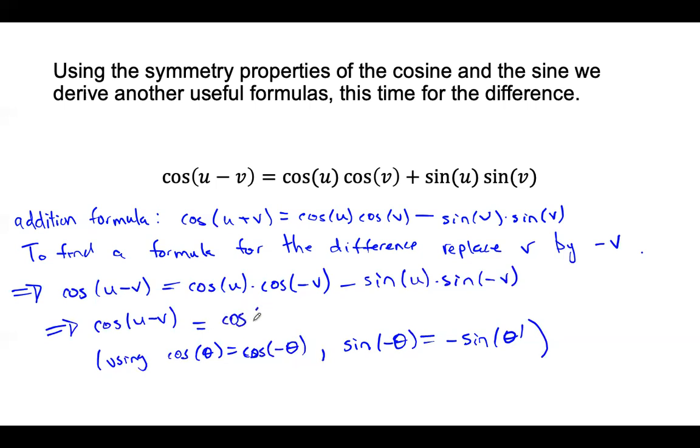Because of this, then we get cos of u times cos of v. Well, that's due to symmetry, so cos of v. Now we have sine. Sine of u, that'll be the same. Times sine, this negative, so the negative comes out.